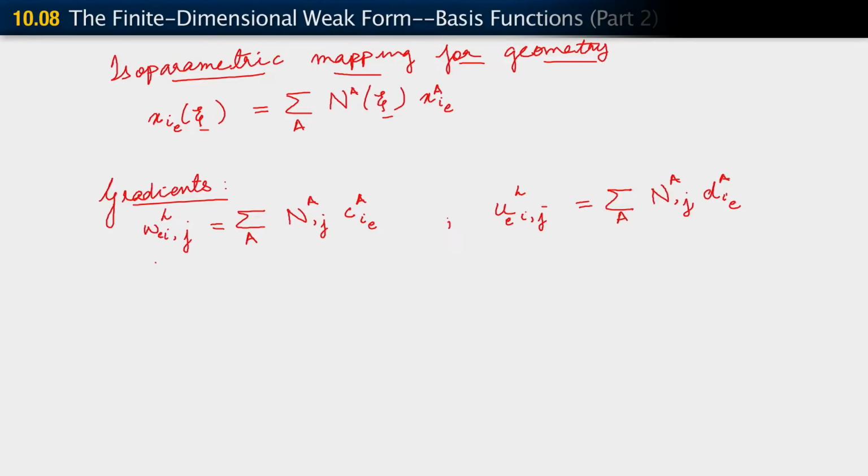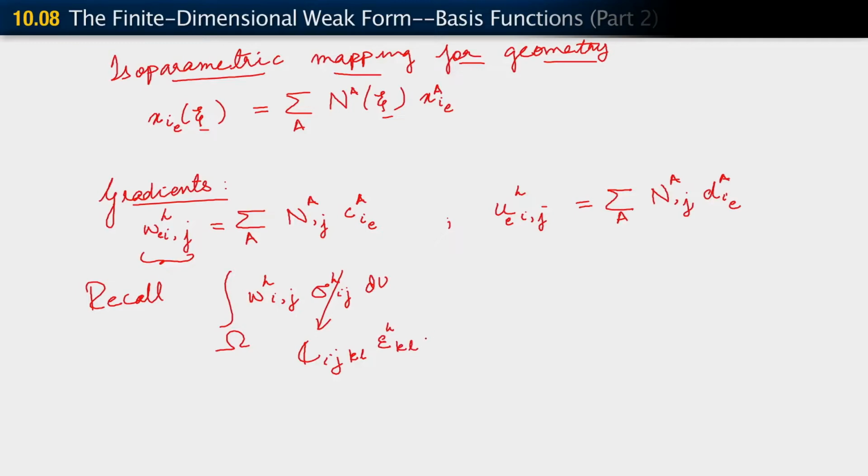Of course, this shows up directly in the weak form. Just recall the term on the left-hand side in our weak form, integral over Omega of w^h_{i,j} σ^h_{ij}, but we know, of course, that σ_{ij} is just C_{ijkl} ε^h_{kl}.